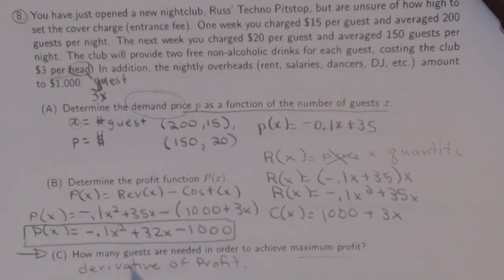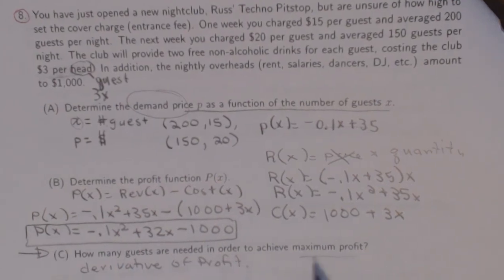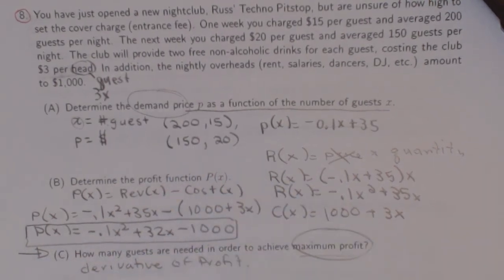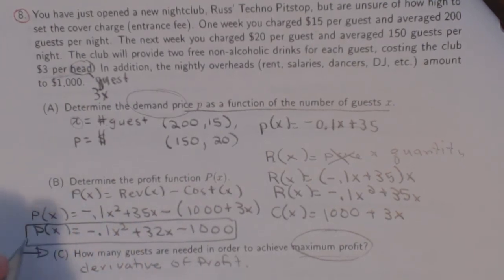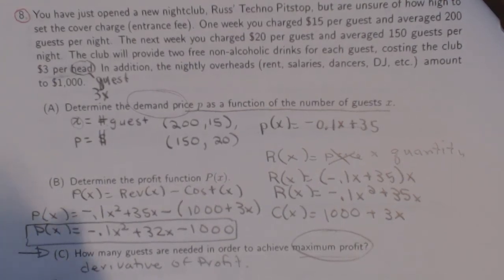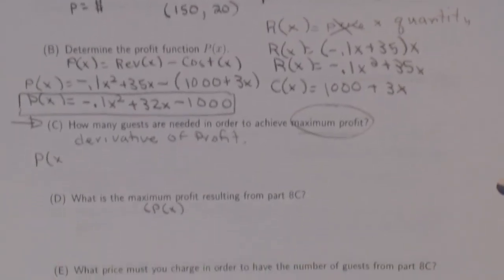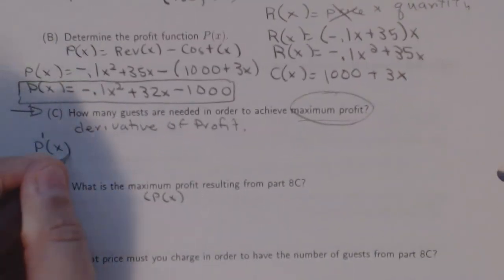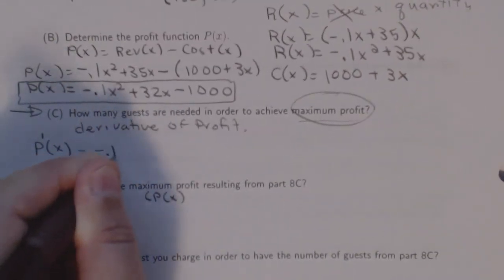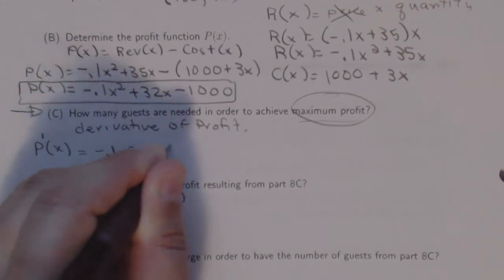Now we want to know how many guests are needed in order to achieve maximum profit. So we have to take this derivative because this is our optimization problem. You can find maximum profit if you take the derivative and set it equal to 0. So we need the derivative here. So let's slide that up. So the derivative is negative 0.1 times 2x plus 32.